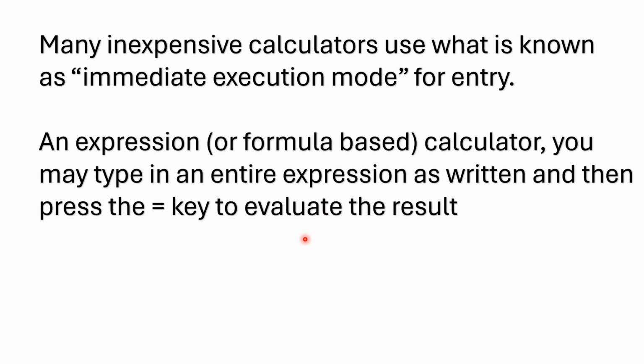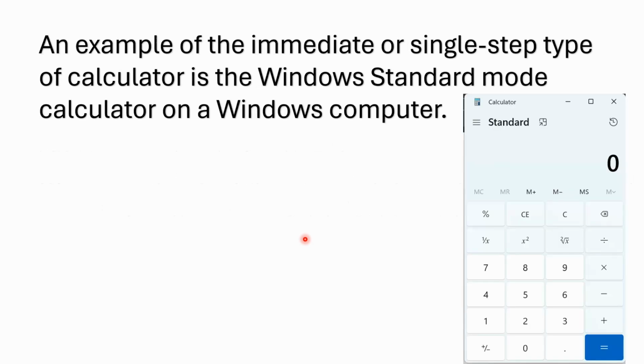That may seem a little complicated. A lot of people don't realize this, but an example of an immediate execution or single step type of calculator is the Windows Standard Mode calculator that you'll find on a Windows computer: Windows 10, Windows 11, Windows 7, Windows XP, back to Windows 95, and so on. I believe the default mode is standard.